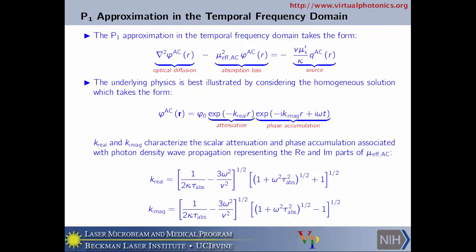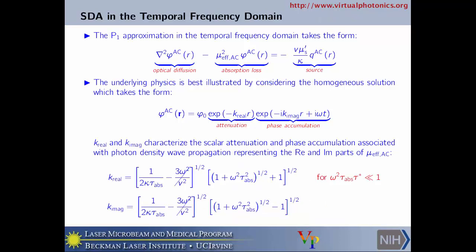This is the general form. This can get simplified a little bit if you assume that your modulation frequencies are small, and in this domain, your modulation frequencies are small when this limit of the square of the modulation frequency times the product of the absorption and scattering relaxation times is much, much less than 1.